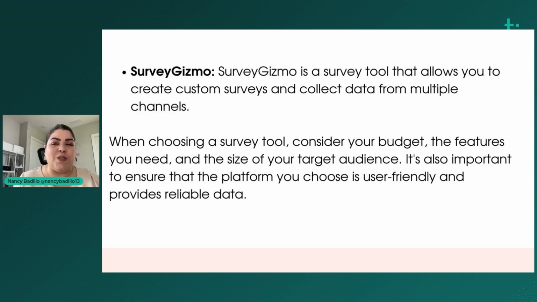It's a survey tool that allows you to create custom surveys and collect data from multiple channels. And that's important as well if you are like me and you're all over, like maybe you have Instagram, Pinterest, Facebook, and other platforms where you promote your business. It offers advanced features such as skip logic and integration with other software.